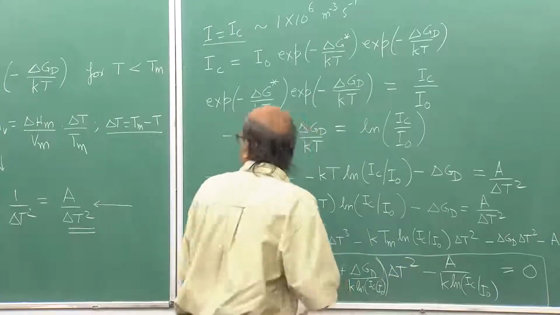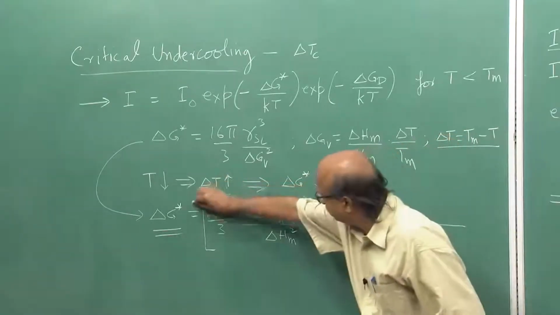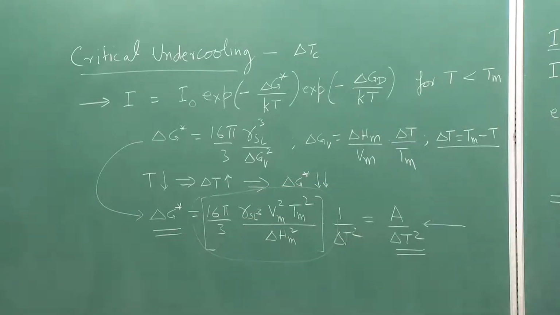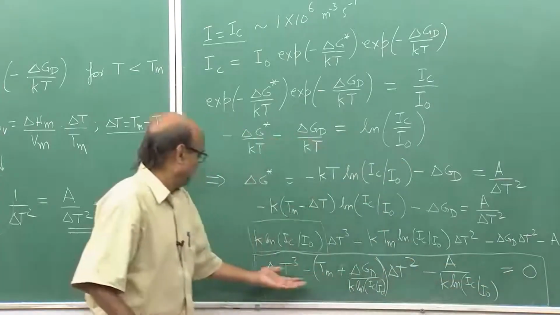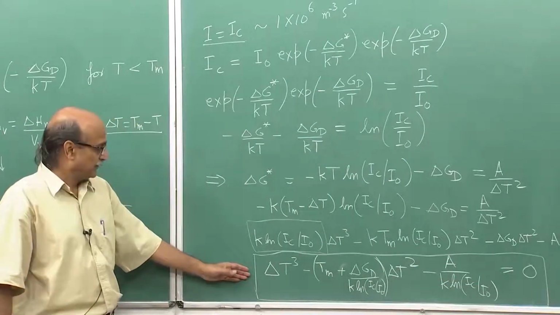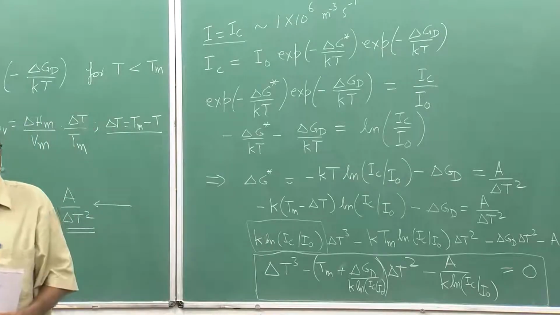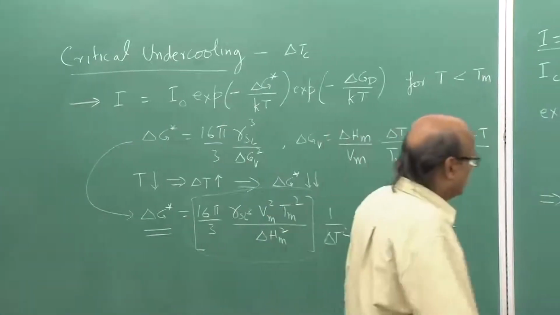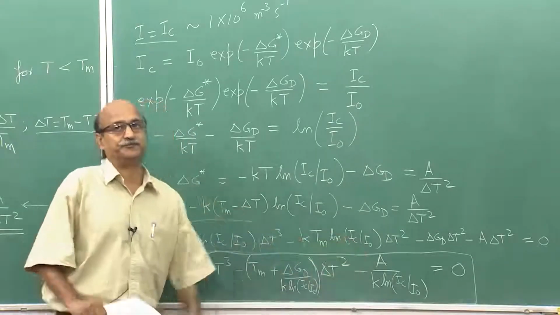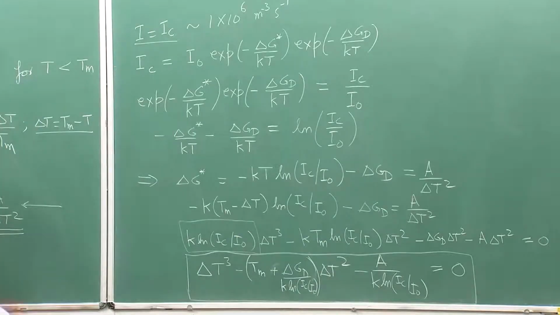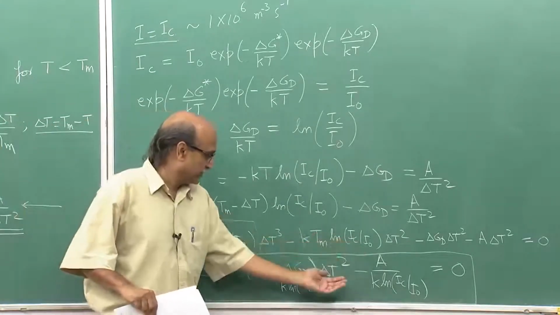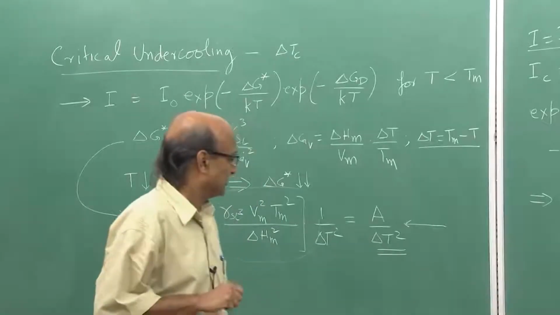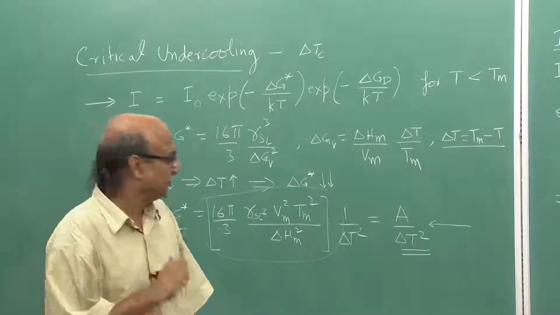A can be determined from here and therefore, in principle I should be able to solve this relationship and get the value for the critical cooling rate or critical undercooling. So, what kind of an equation is this? You can see it is a cubic equation in delta T. So, we need to solve this cubic equation and let us see how we can solve it.